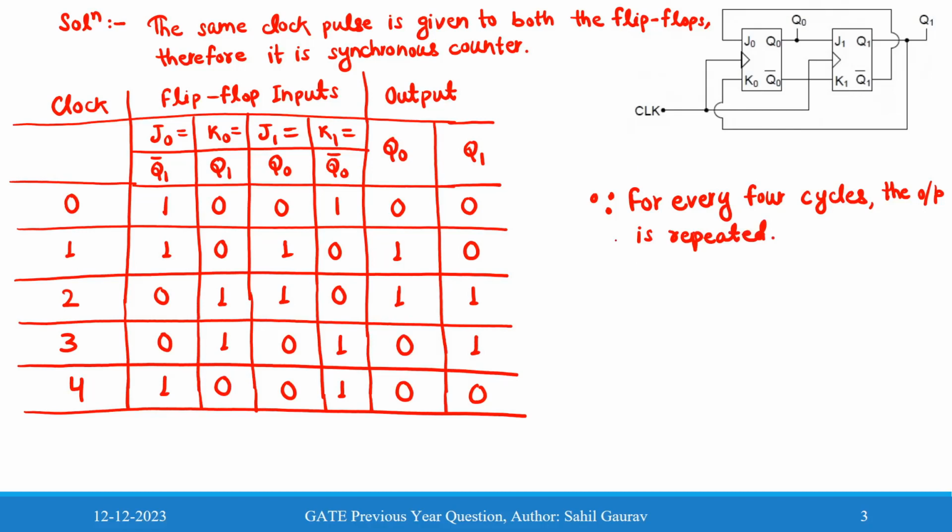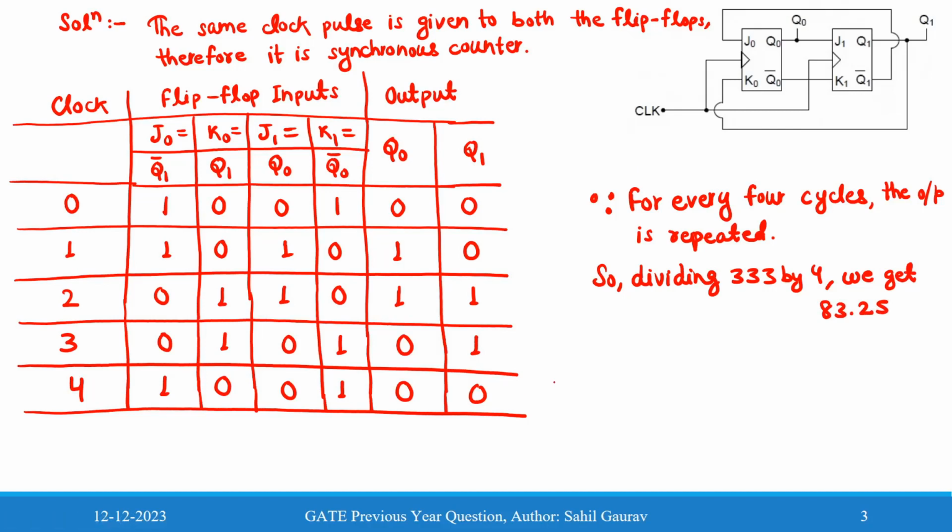That means we have to divide it by 333. So dividing 333 by 4, we get 83.25.